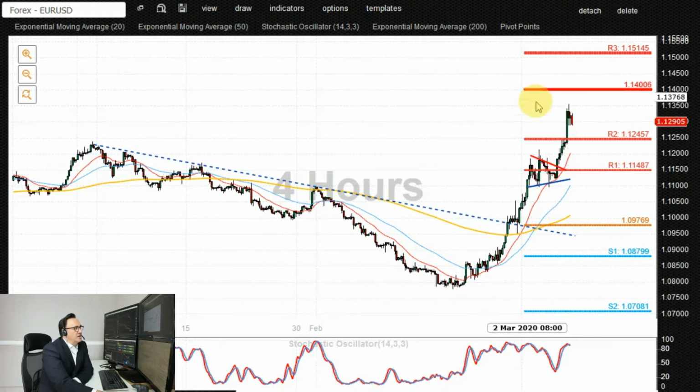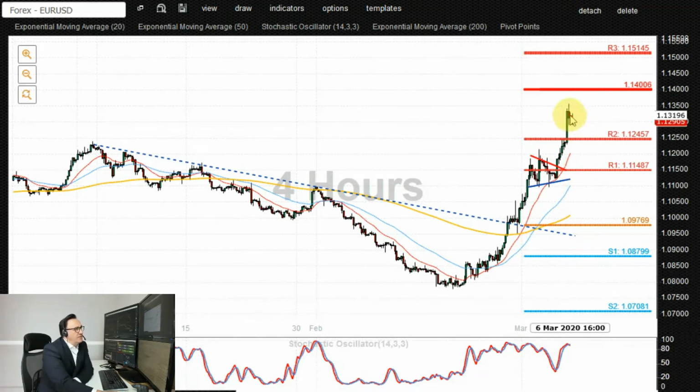So a couple of scenarios: either a pullback from the current levels into 112.50 and a rally, or possibly a pullback into 111.50 and then a rally. That would further support this bullish breakout, potentially targeting 114, 114.50, possibly even 115.15 resistances over a longer period of time.